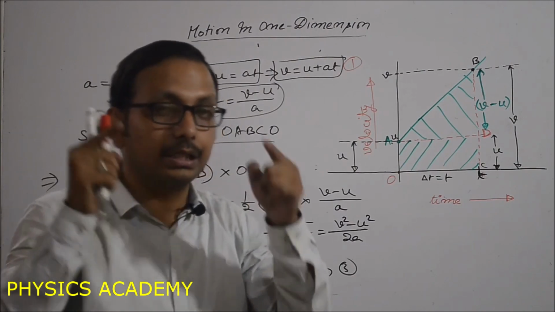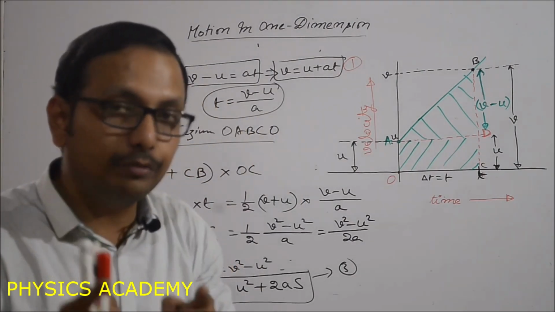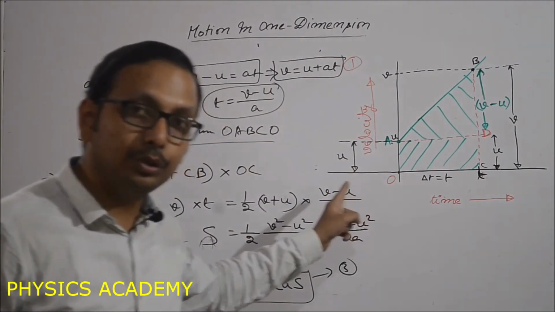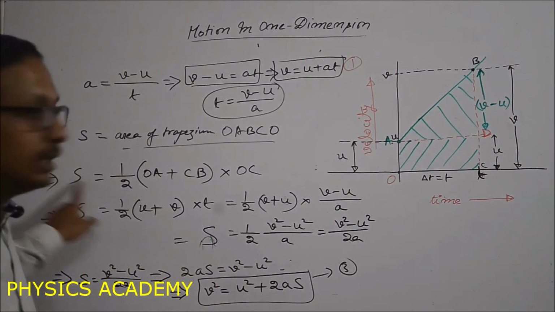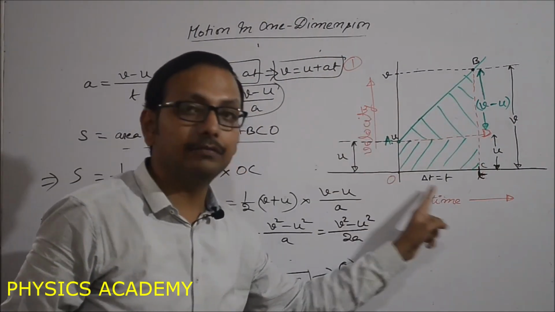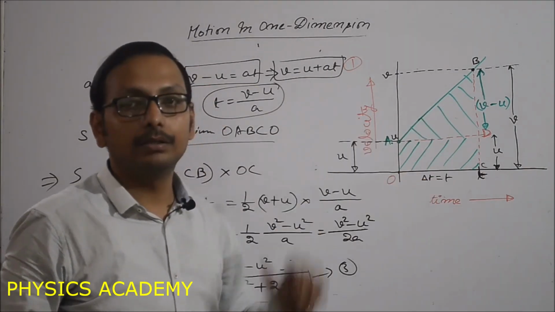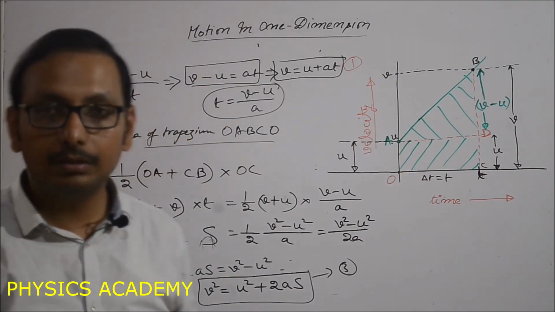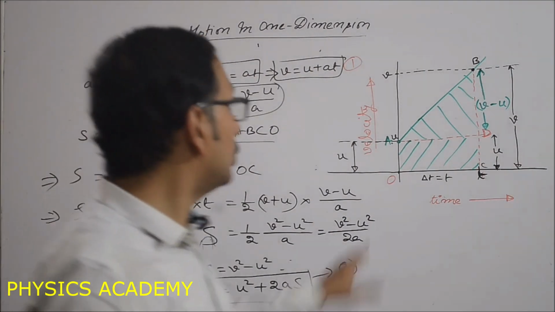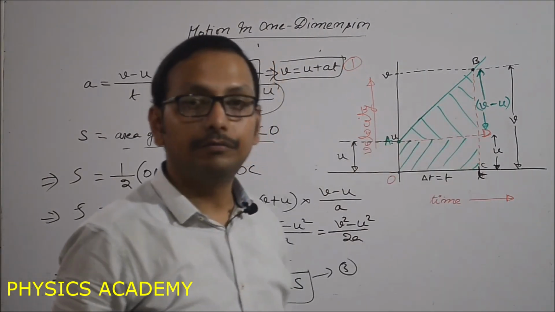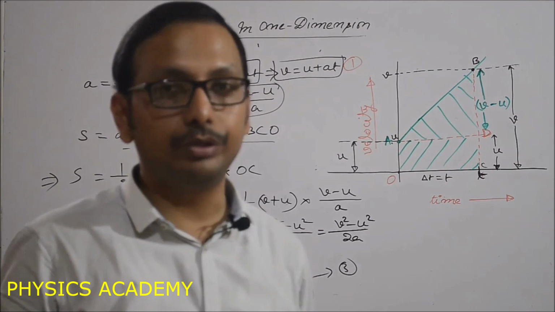Remember one thing here. To find the third equation from the graph, you need to use the same s, but you need to take the area of the trapezium. At that time we will not consider the triangle and rectangle separately. We will take the total figure as a trapezium. That only you need to remember.